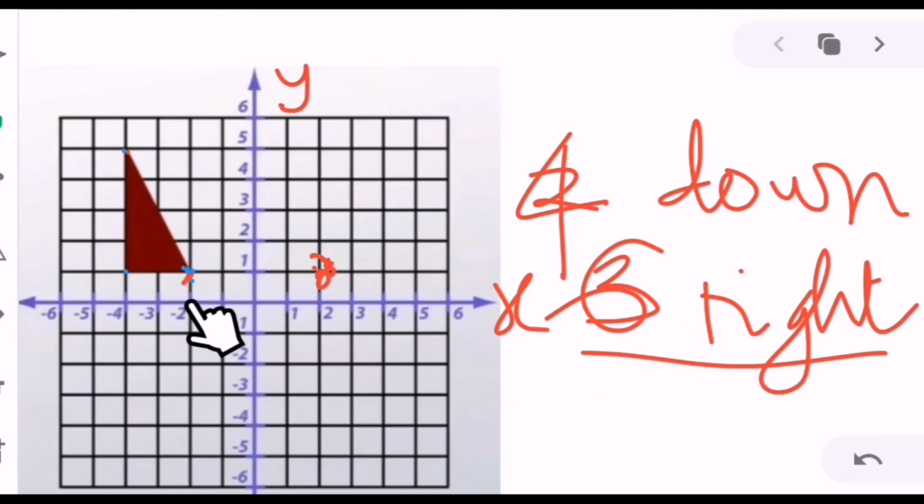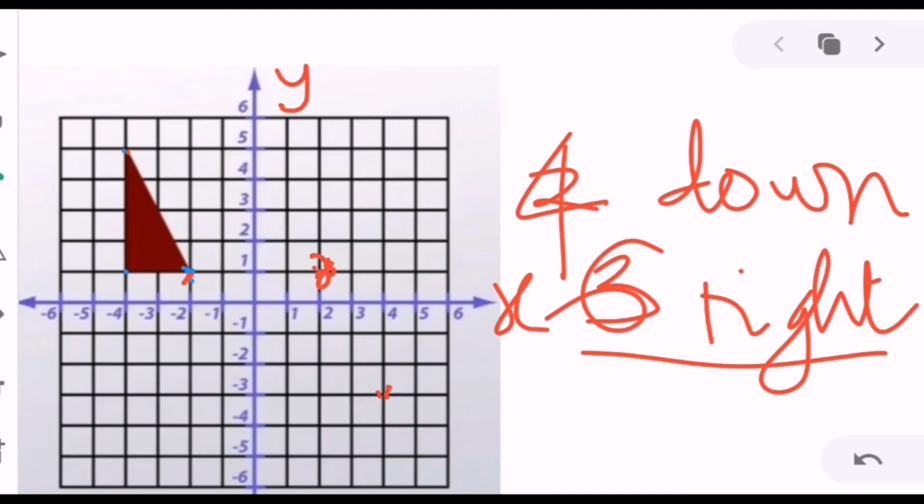So we have 0, 1, 2, 3, 4. 6 to the right, we're going to have 1, 2, 3, 4, 5, and 6. So we are now at 4, -3. 4, -3 will be that point. So this is our new point.